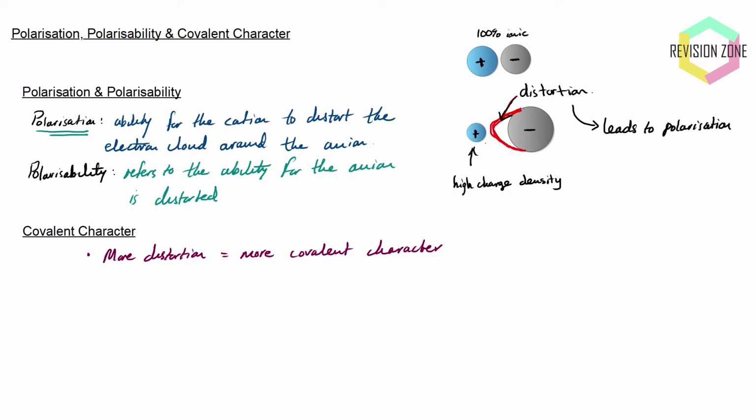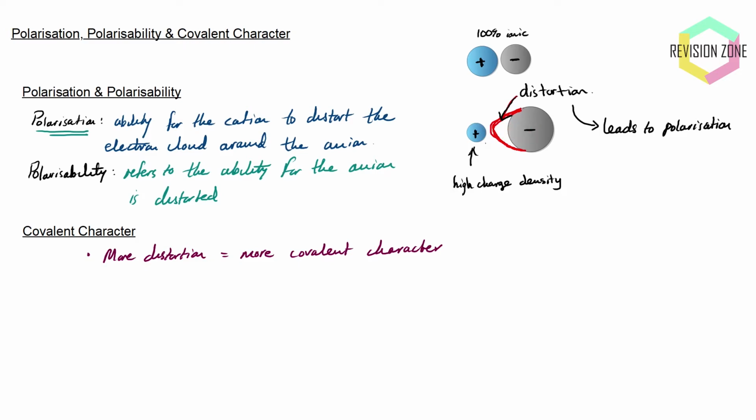Well, if we look back at this diagram here, we can see that actually these electrons moving over, this electron charge or density or cloud moving over, is making it look as if these electrons are starting to be shared between these two species. That means that it's starting to look like a covalent bond.